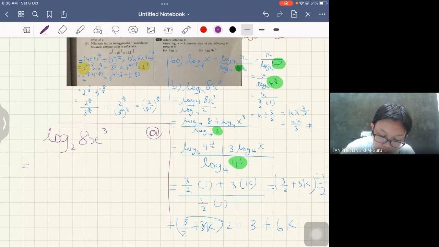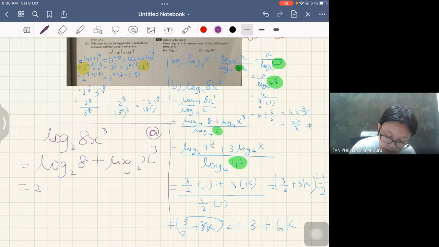So I don't have to change for this one. Meaning I can actually open up first. So I come to this point where I have log base 2 of x, and I have log base 2 of x to the power 3, okay?